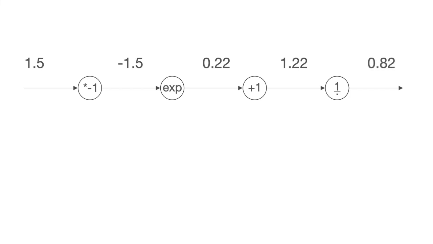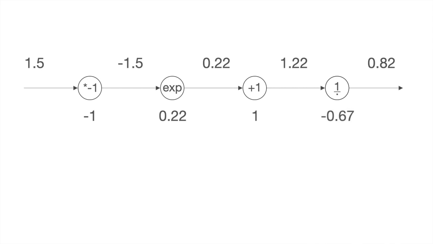Once again, we can calculate the local gradients at each point as numerical values from the analytic expression of the local gradients, and so the gradient of the negation is still -1, the gradient of the +1 is still +1, the gradient of the exponential is still the output of the exponential, so that's 0.22 or thereabouts, and the gradient of the reciprocal is -1 over the square of the input, so that's about -0.67.